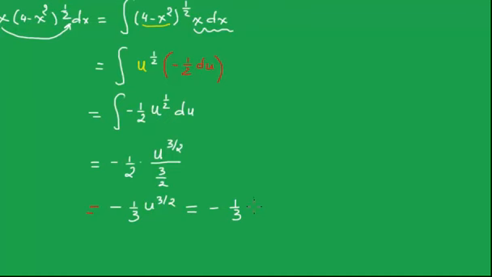And then what's u? u is 4 minus x squared. So (4 minus x squared) to the 3/2. Now, once I have this antiderivative, I can bring in the lower and upper bounds. So now I have from 0 to 2.